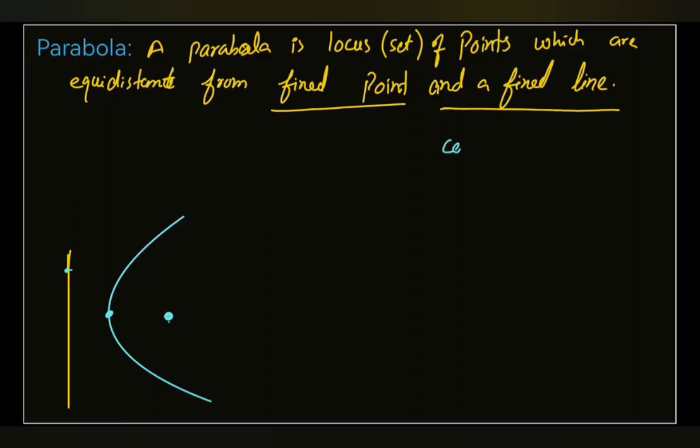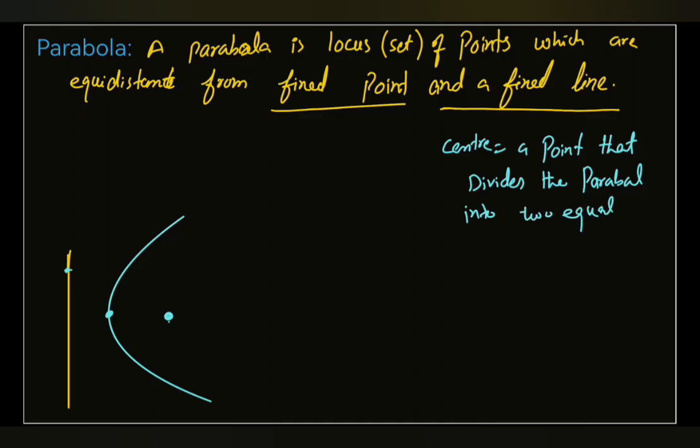So let's define here a point that divides the parabola into two equal parts. Now we are going to define the axis of parabola.